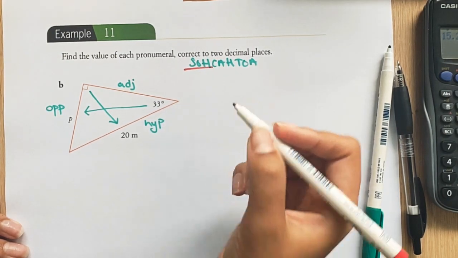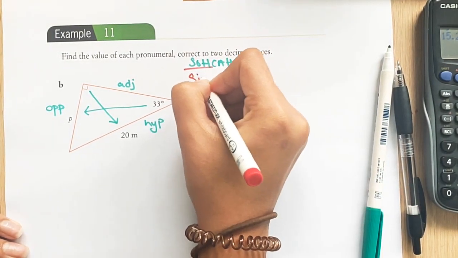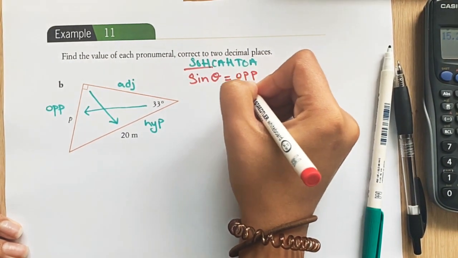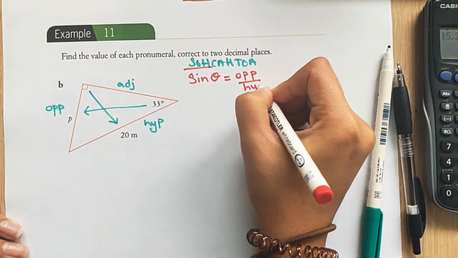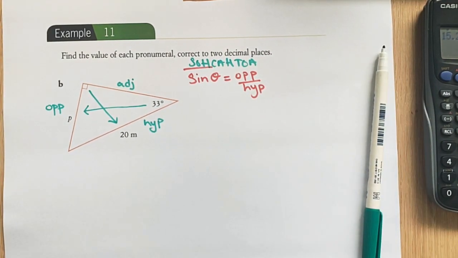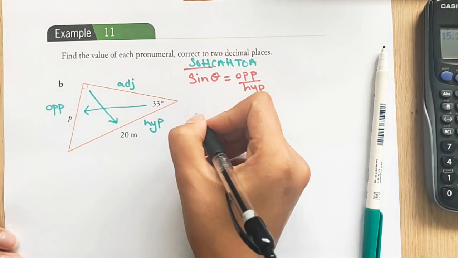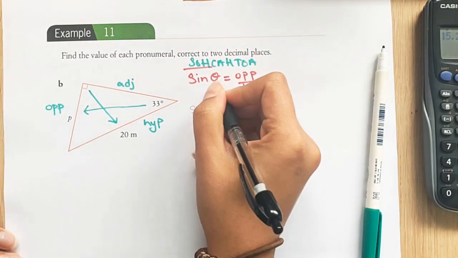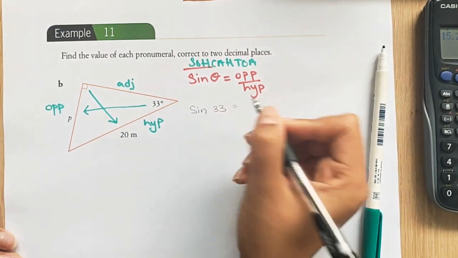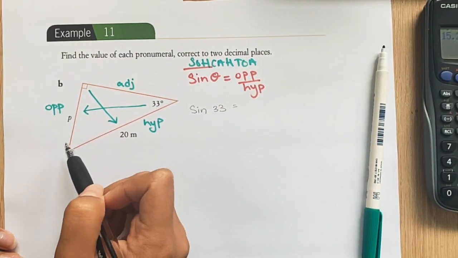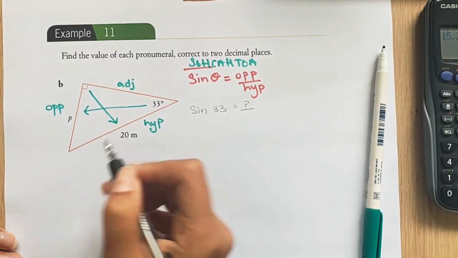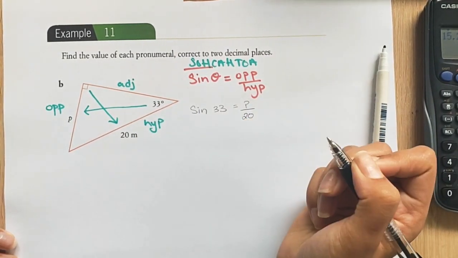So I'll write the trigonometric ratio, which is sine theta equals opposite over hypotenuse. Now that we have this equation, we're going to substitute the given information. So sine 33 degrees equals, the opposite side is represented by pronumeral P divided by the hypotenuse, which is 20 meters.